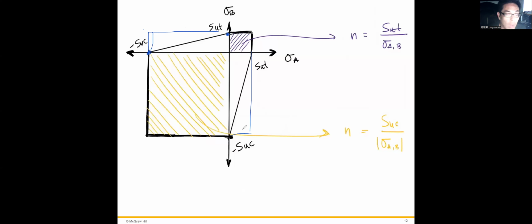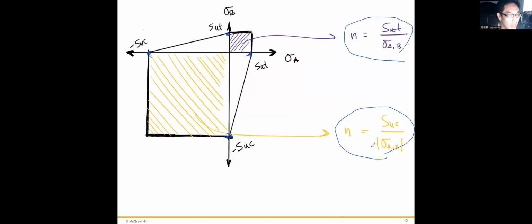However, for Coulomb-Mohr, we just connect S_UC to S_UT. So if the stress condition is located in the first and third quadrant, the safety factor is the same as that of the maximum normal stress.